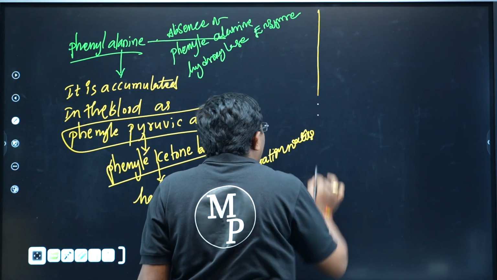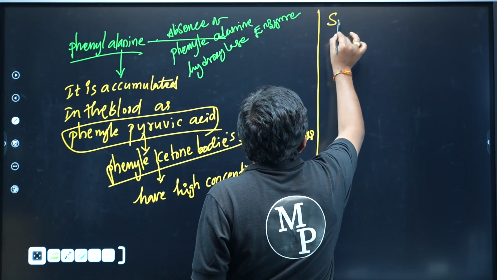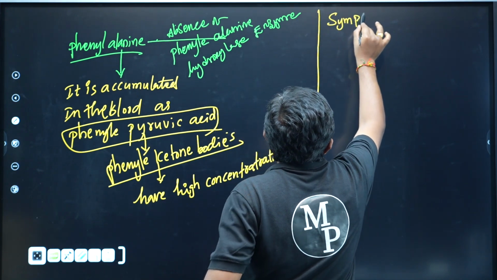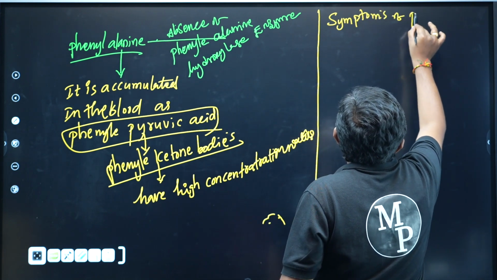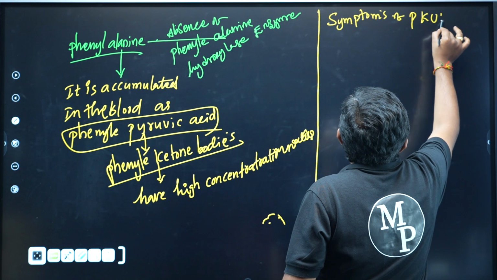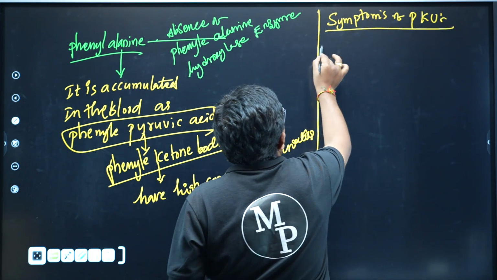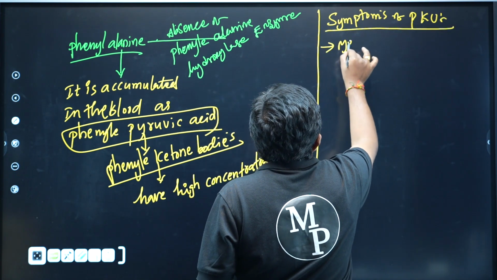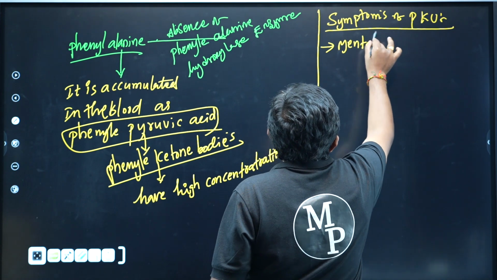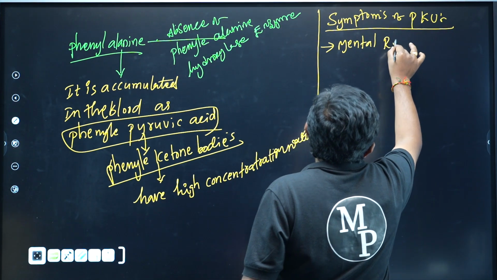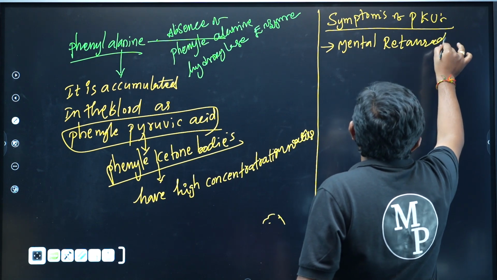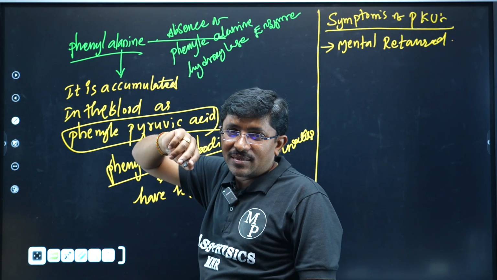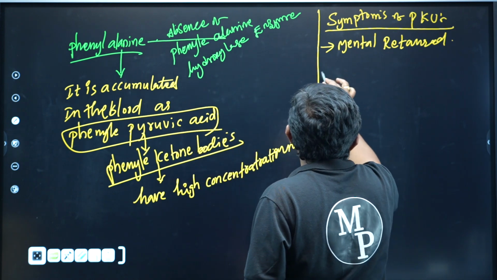So what are the symptoms of phenylketonuria? First thing is mental retardation, means mentally imbalance, unable to think properly.